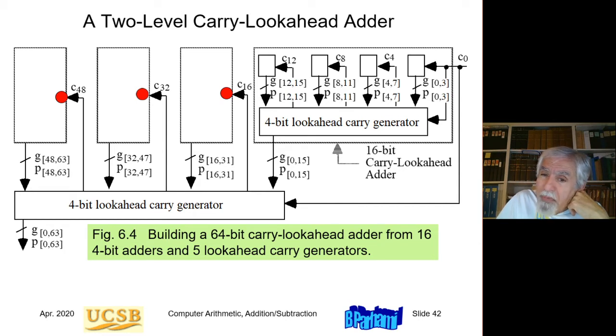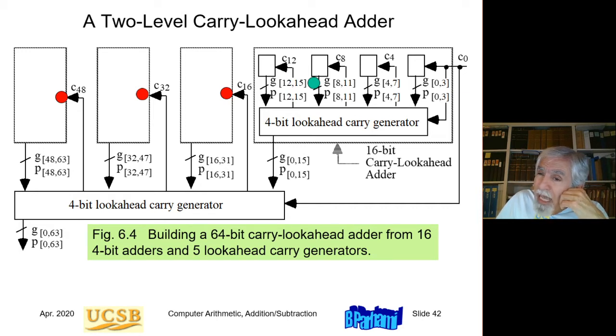But what happens inside those blocks is exactly the same as what happens in the rightmost block. So here it is. That carry comes in, it goes through that block, then through this block, then those intermediate carries, C4, C8, C12, become known.